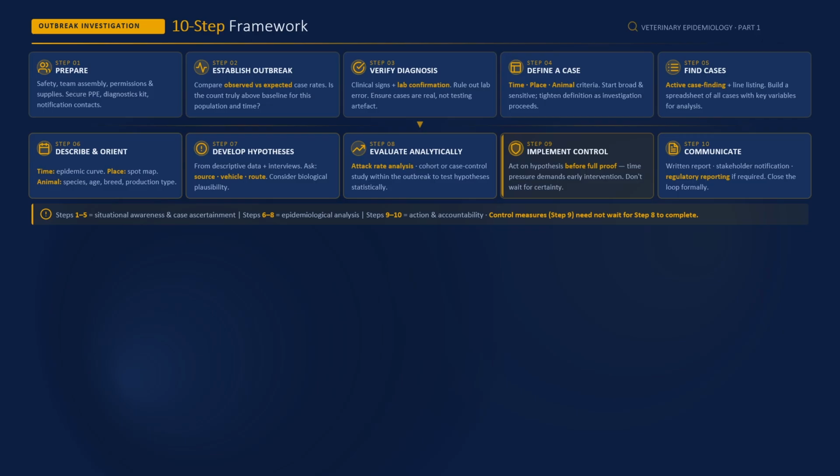Time pressure demands it. Step 10, communicate. Written report, stakeholder notification, regulatory reporting. Grouping them, 1 through 5 is situational awareness, 6 through 8 is analysis, 9 and 10 are action and accountability. Control does not wait for the analysis to finish.